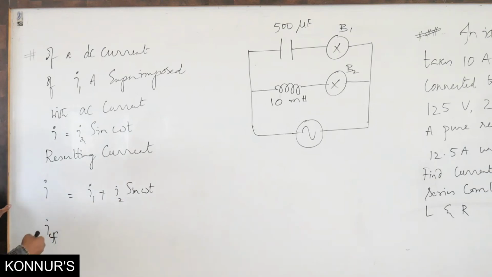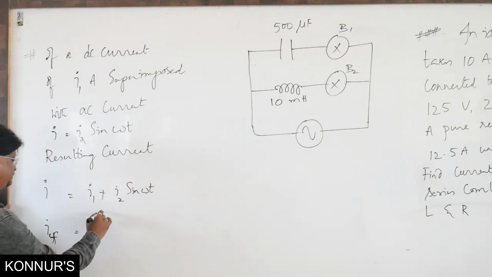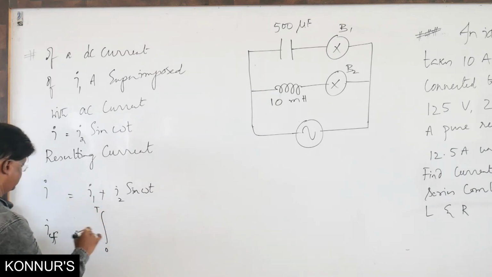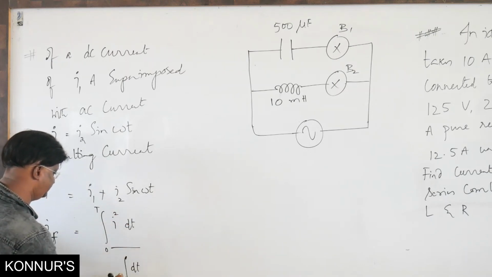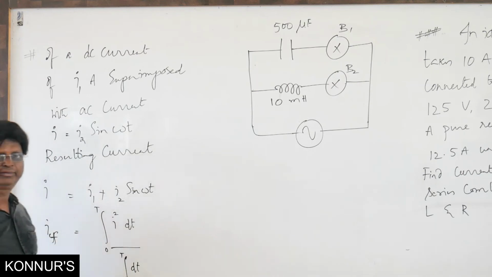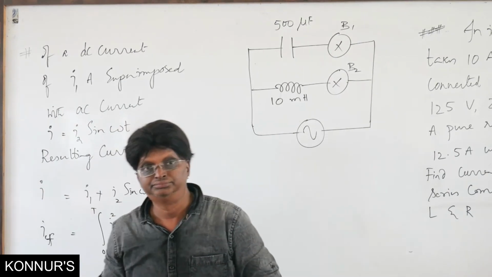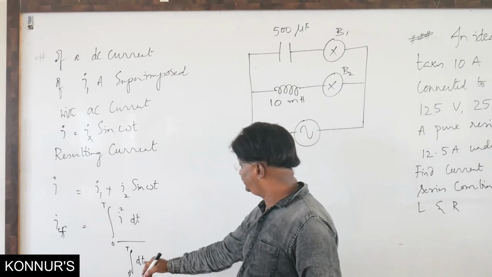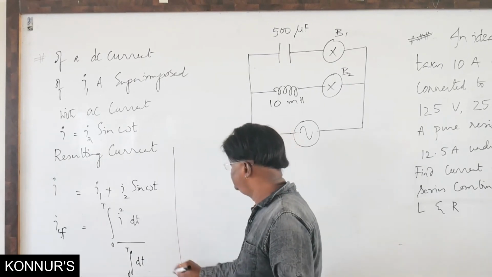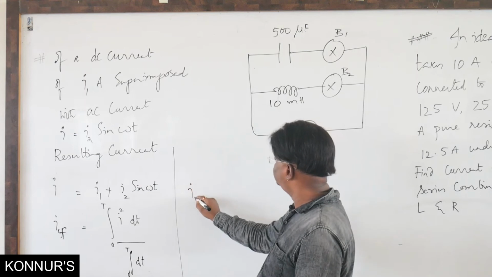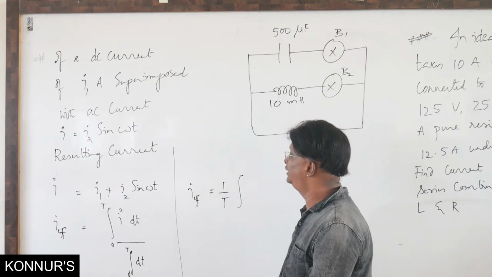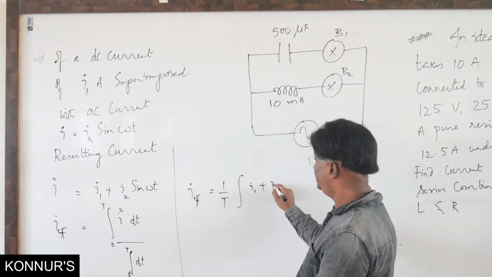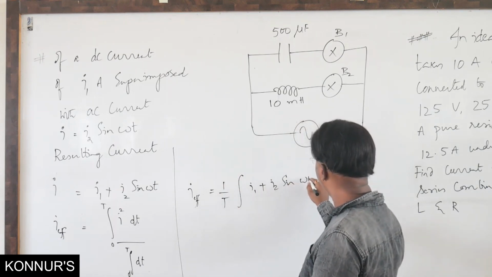Now I effective we will define as the RMS value over the complete cycle, which is integral 0 to T, the complete cycle, I squared dt by integral dt 0 to T. So this is a simple evaluation of the integral. Since this is 0 to T integral dt, the denominator term will of course be capital T. Therefore it is 1 by T times integral of I1 plus I2 sine of omega t.